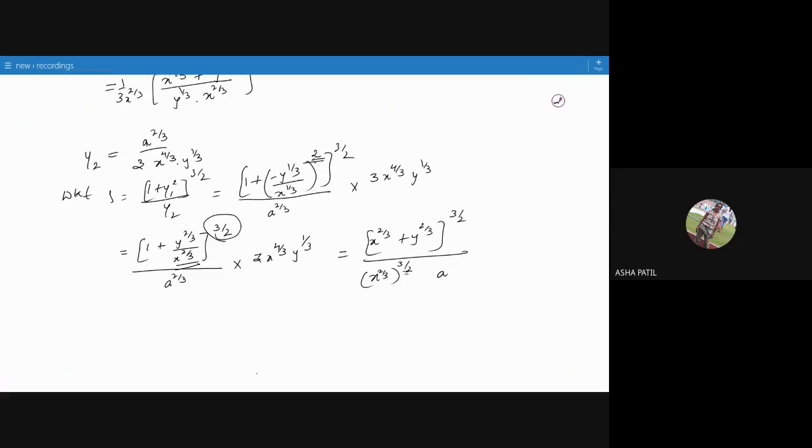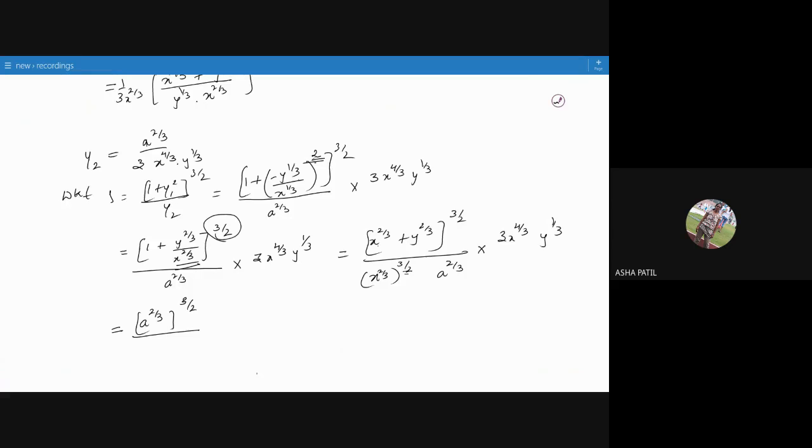The remaining terms will keep as it is, a raised to 2 by 3, then in the numerator 3 times x raised to 4 by 3, y raised to 1 by 3. Now here, x raised to 2 by 3 plus y raised to 2 by 3, again from equation 1, it is a raised to 2 by 3, whole raised to 3 by 2.